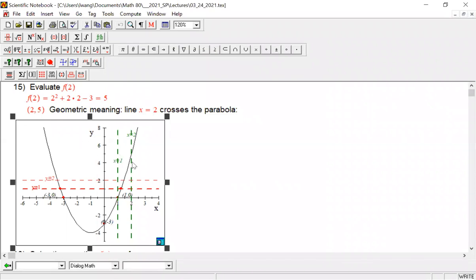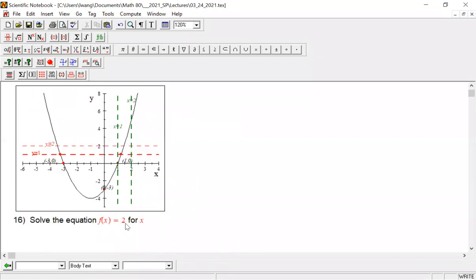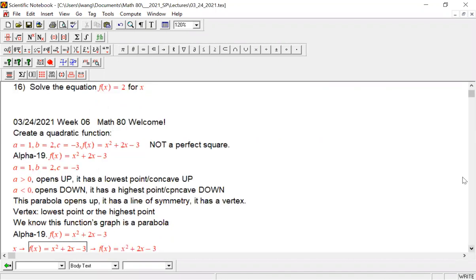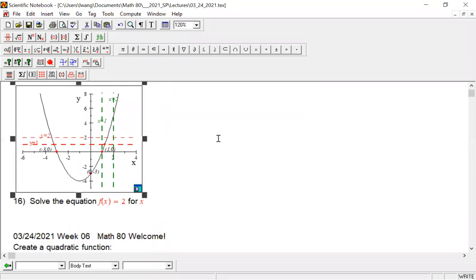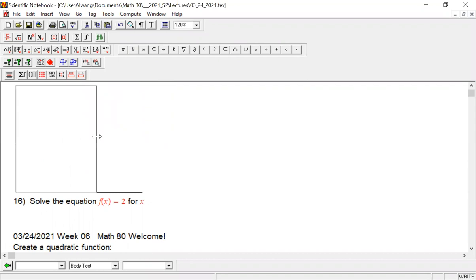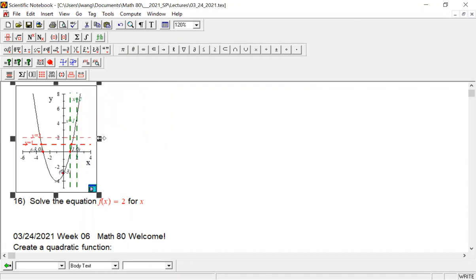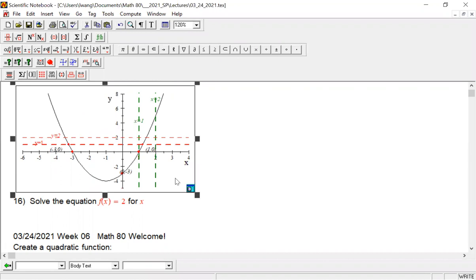You can see they give you numbers, whether it's f of 2 or f of x equals 2, and it makes a big difference. That's what I'm trying to show here. Now for 16, you can see it crosses the curve at 2 places. That's y equals 2.